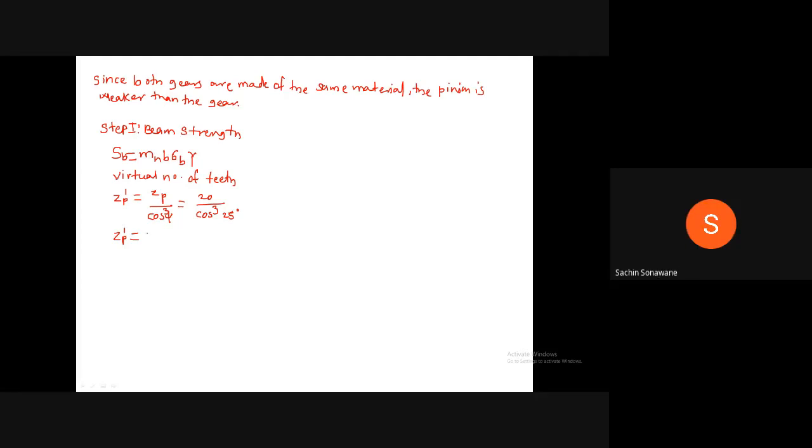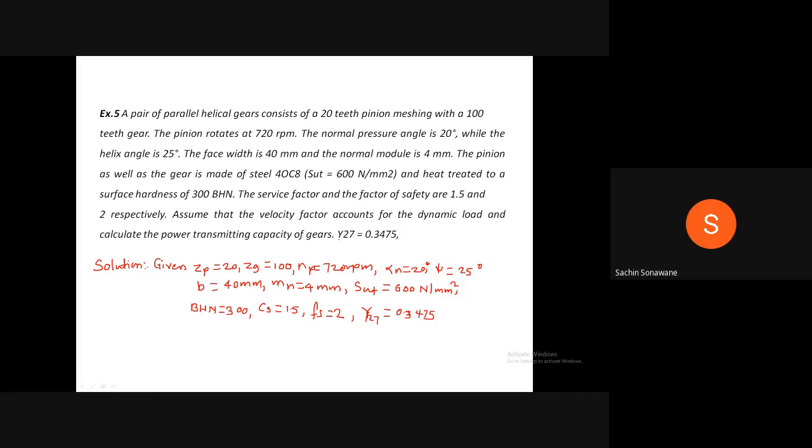Yes, 26.87 means it is nearly equal to 27. That's why they have given us Y for 27 in the given data. Always remember, while taking Y in case of helical gear, we have to take Y for virtual number of teeth. Therefore, Y27, that's why they have given.